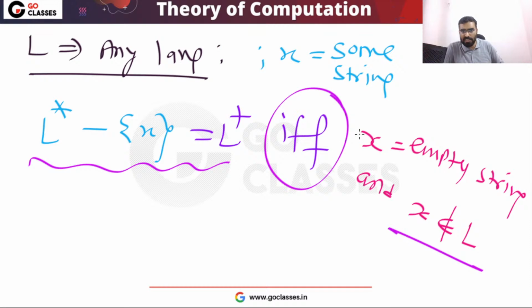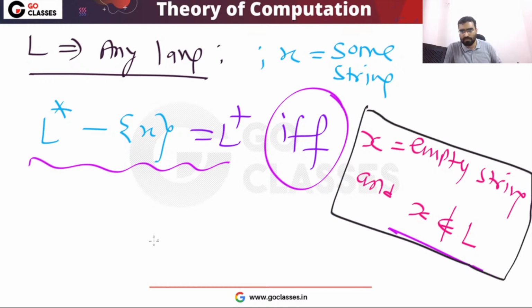Please tell me, did you understand this? So x must be empty string and x should not belong to L.